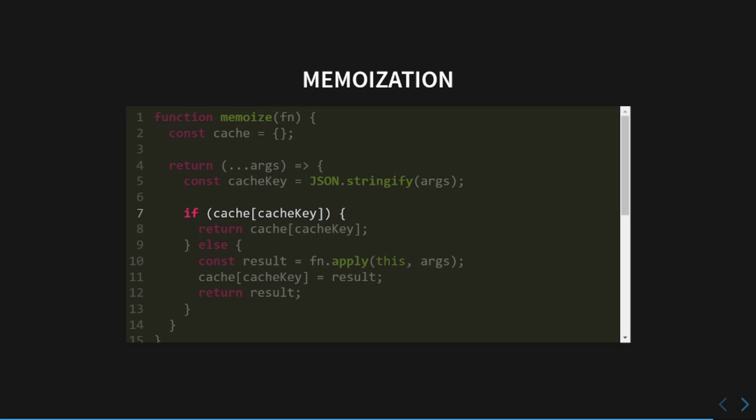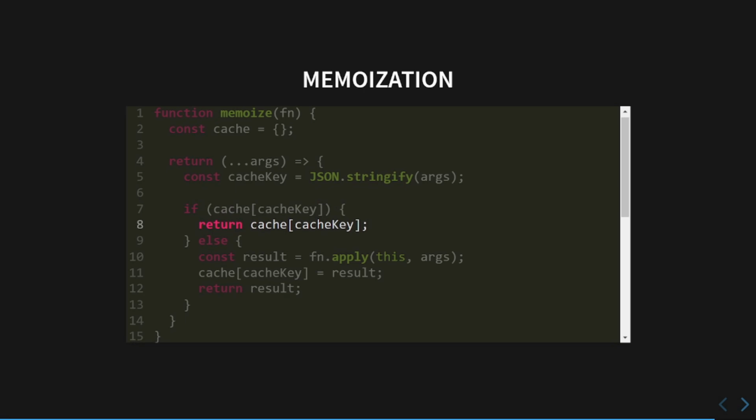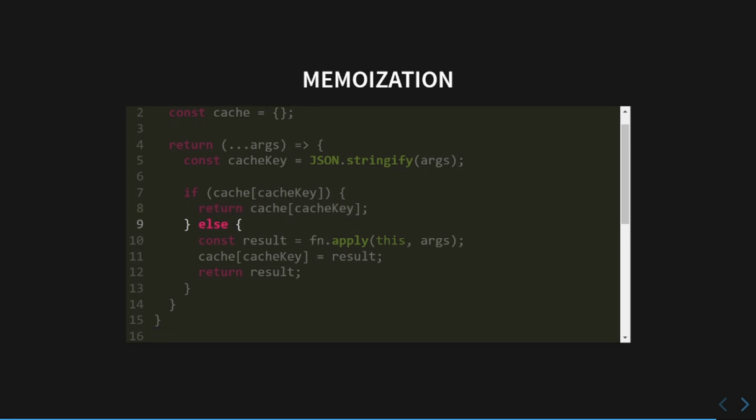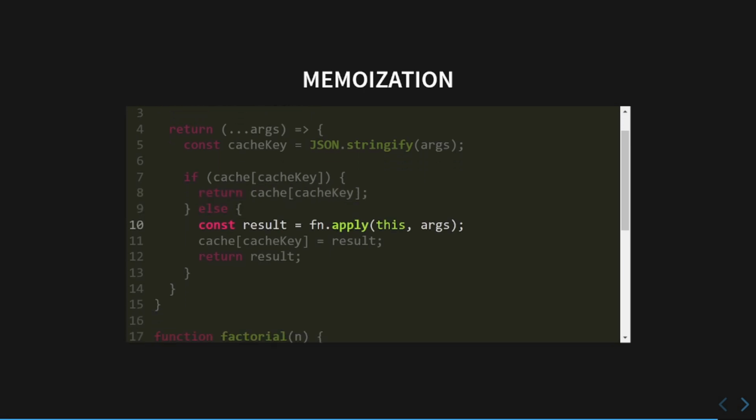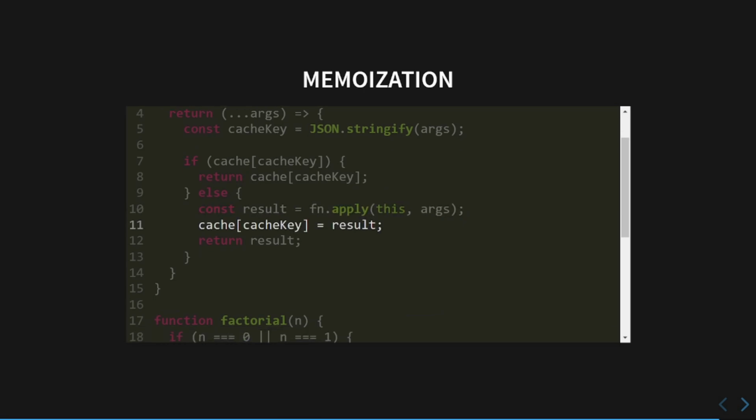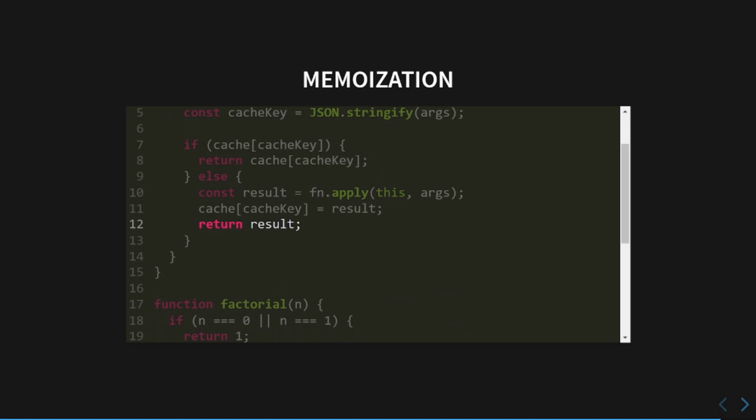If the key exists, it means we've already calculated it with these arguments before. So just return the cached value. Don't bother recalculating everything. Or else we've not seen this before, so we need to call the function with the arguments, cache the result, and then return the result.